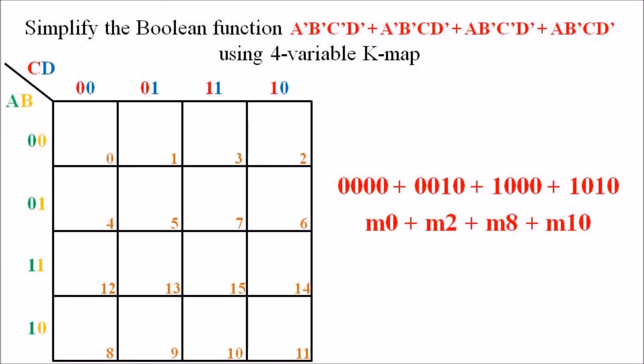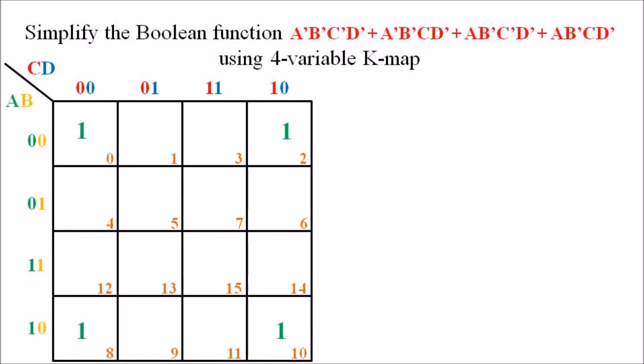Next we have to mark 1 for the minterm positions, that is, minterms m0, m2, m8 and m10 are marked in the K-map by marking 1 in the cells 0, 2, 8 and 10. All the remaining cells should be marked with 0.